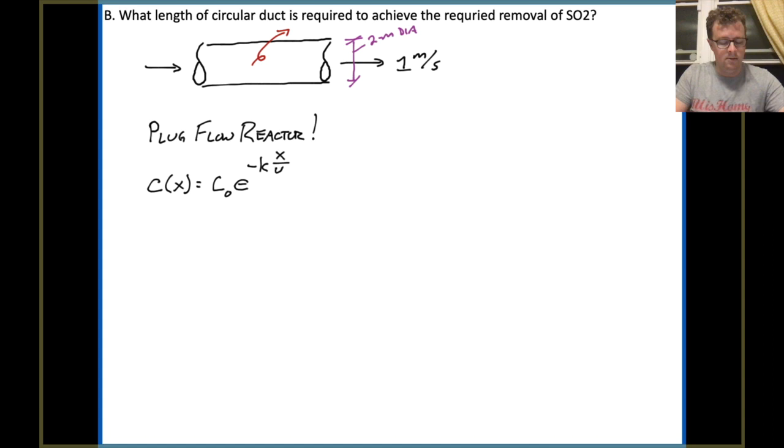So we can grab our plug flow reactor equation here. Concentration at distance x is equal to inflowing concentration times e to the minus k, and then x over u, the length divided by the velocity. I can move that input concentration to the left-hand side, so just divide both sides by C naught. Then I'll start to plug in the values that we have.